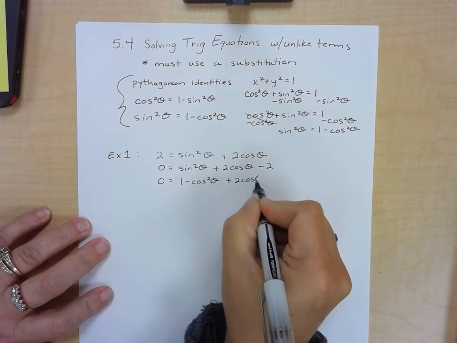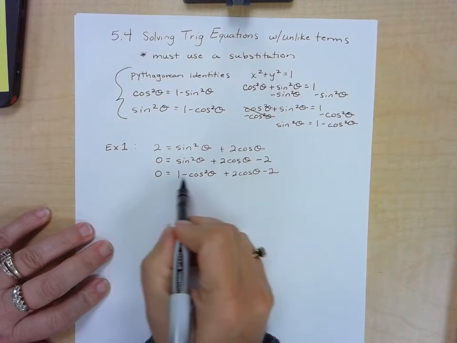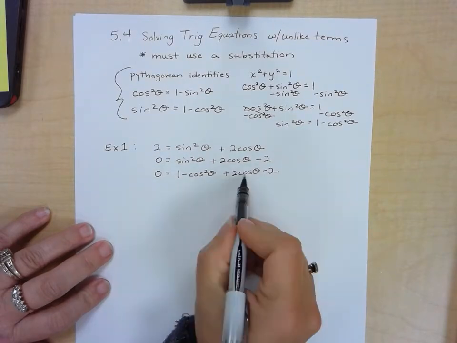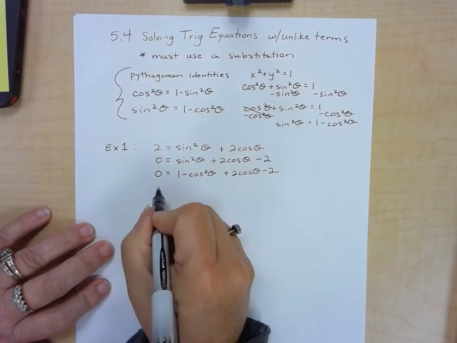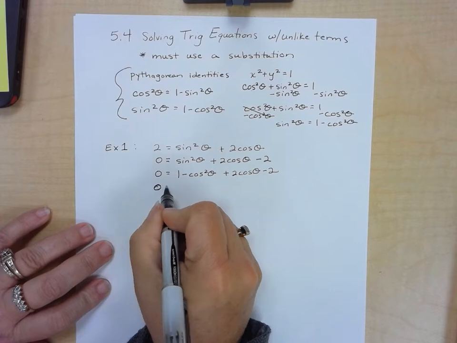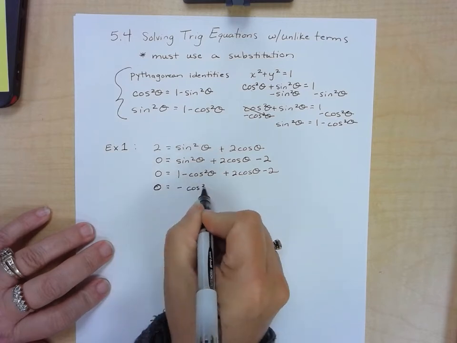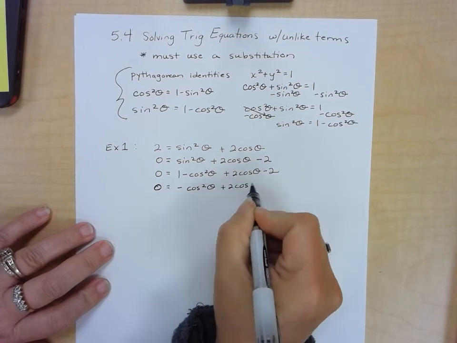Once I've done that, I now have an equation that is all in a common trig function, which is cosine. So I'm going to reorganize a little bit. 0 equals negative cosine squared theta plus 2 cosine theta, and then I'm going to combine this positive 1 and this negative 2 and get minus 1.